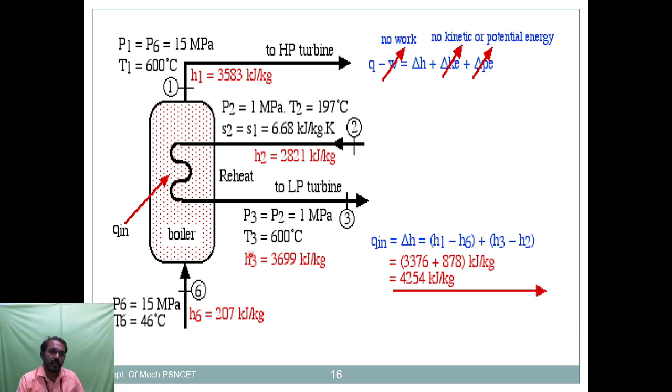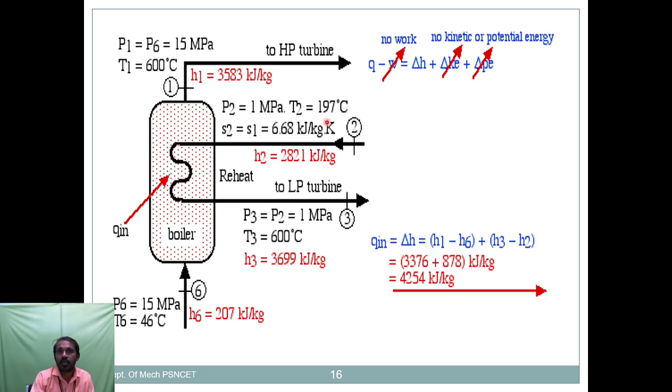So these are small values. So this is a calculation. Total heat input is 4254 kilojoule per kilogram. This is a simple calculation of the Rankine cycle. Please note that the boiler is constant pressure. The turbine reduces the pressure and temperature, but there is no change of entropy.